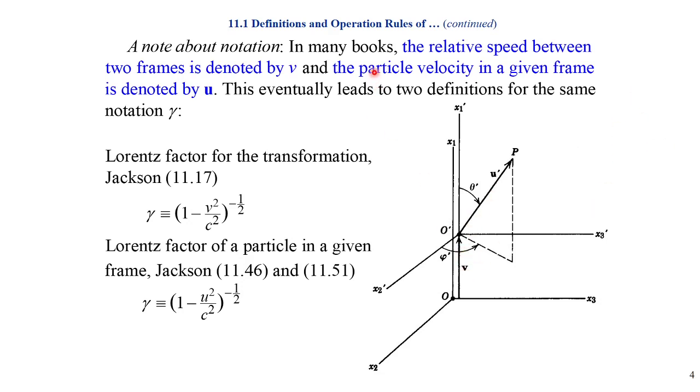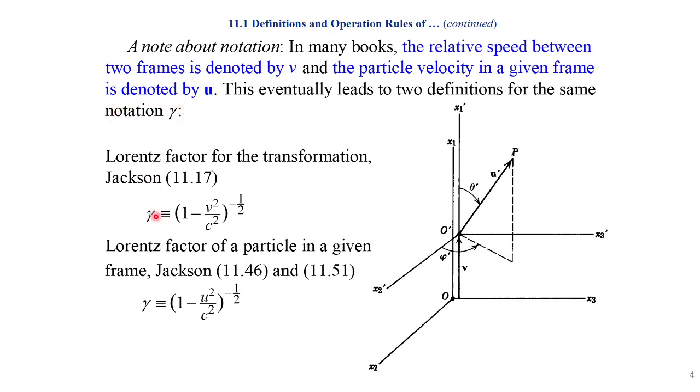The particle velocity in a given frame, in this case in the prime frame, is denoted by u.